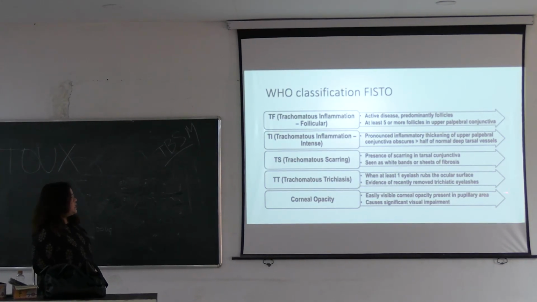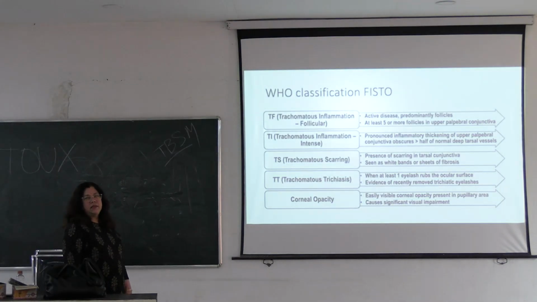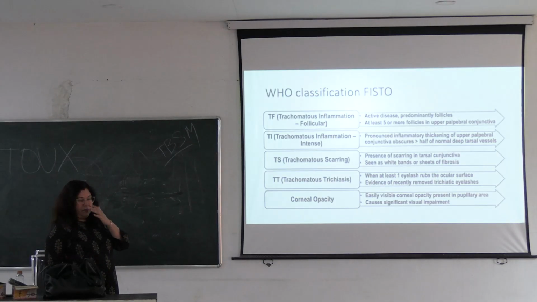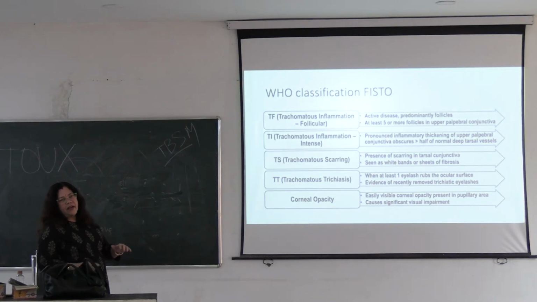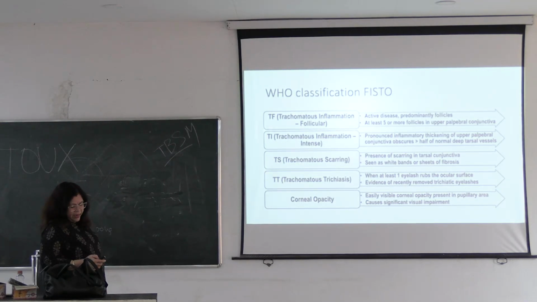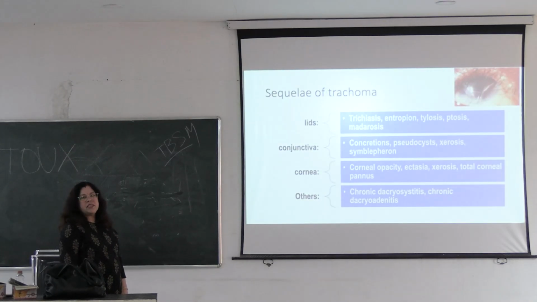Here corneal opacity is present in the pupillary area, and if it is faint it causes visual impairment, and when the opacity is dense it causes blindness, and treatment is full thickness penetrating keratoplasty.